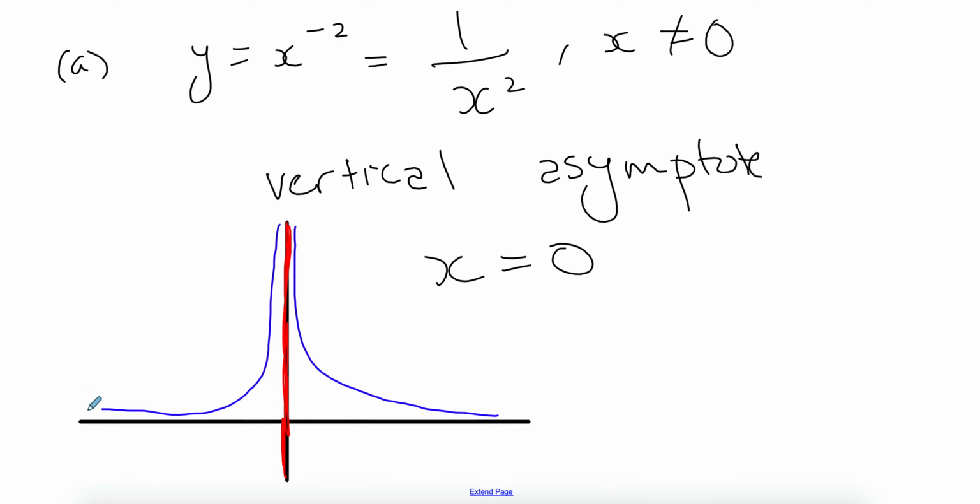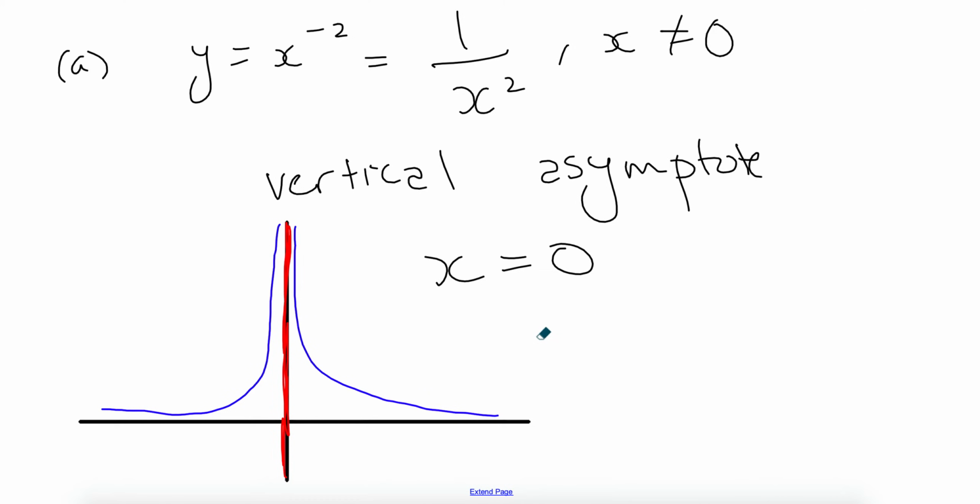And you notice that the y values tend to very large positive numbers when x is getting very close to 0 from both sides. So this is just a property of asymptotes. So you either can look at vertical asymptotes as when the function is undefined, or you can look at it as the value.